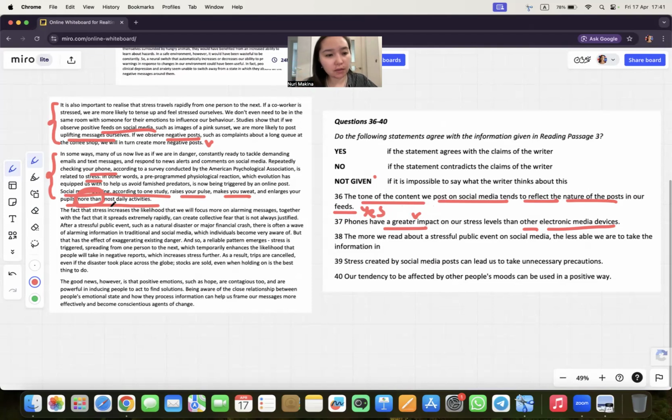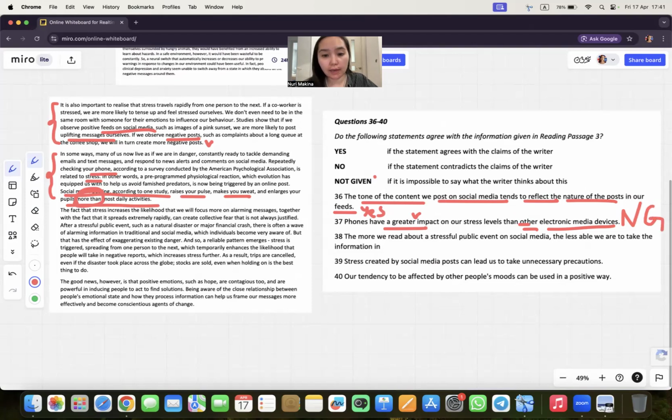So greater impact, more than, most, and stress levels than other electronic media devices. And here we have daily activities, which are not about electronic media devices. So we don't really have enough information about a greater impact on our stress levels. So the answer is not given.